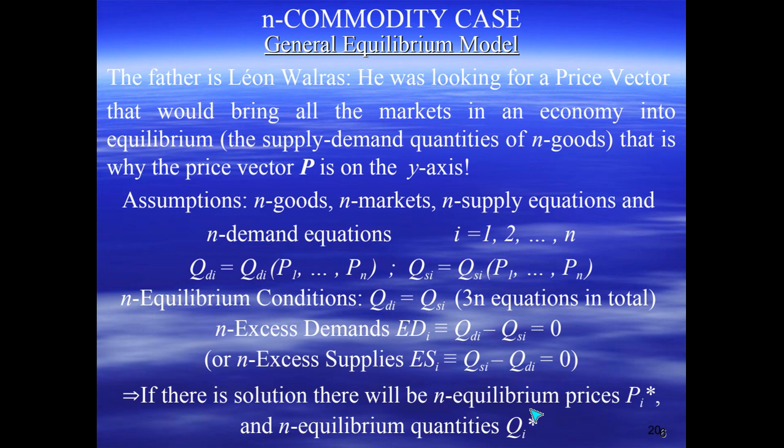In the previous example, we had P1 star, P2 star, Q1 star, Q2 star. Why? Because we had two markets. If there are 10 markets, for instance, we will have 10 equilibrium prices and 10 equilibrium quantities. One equilibrium price and one equilibrium quantity for each market, for each good, you see.